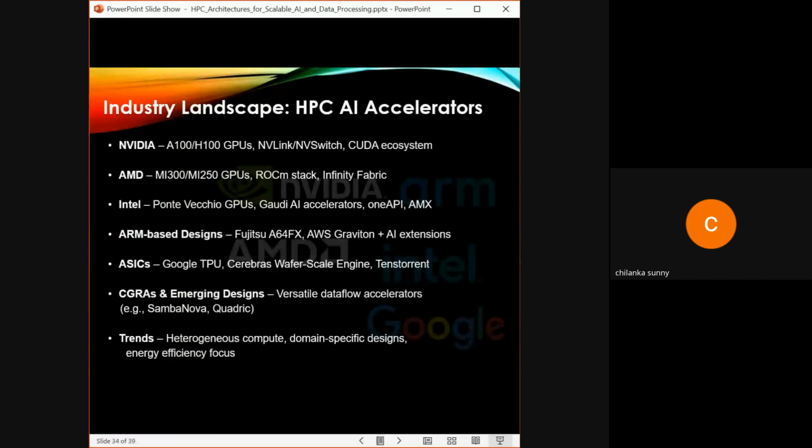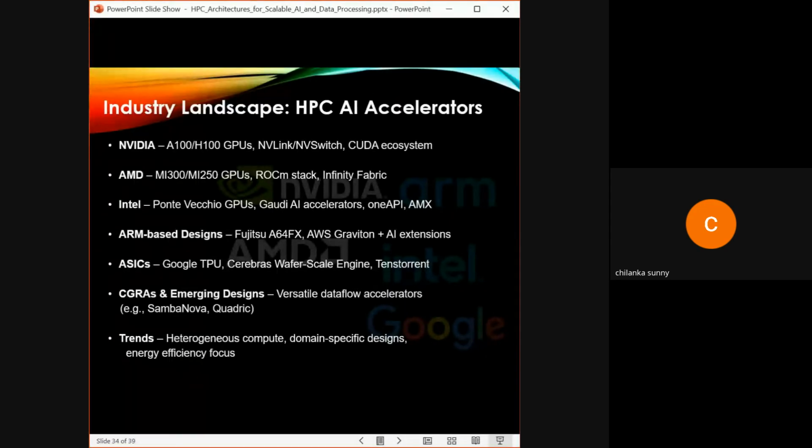Intel is also active in both GPUs like Ponte Vecchio for the Aurora supercomputer and specialized AI accelerators such as Gaudi, which leverages Ethernet fabric for distributed training and inference. And we have ARM-based processors in HPC and cloud AI, like Fugaku and the AWS Graviton processors, which include machine learning instructions for AI acceleration.